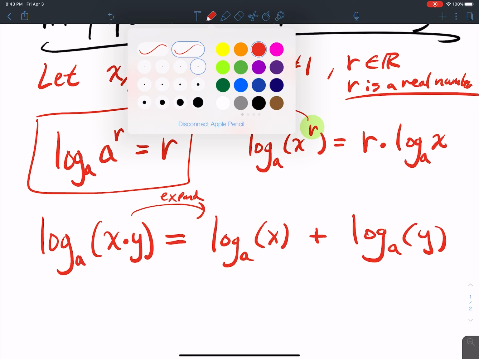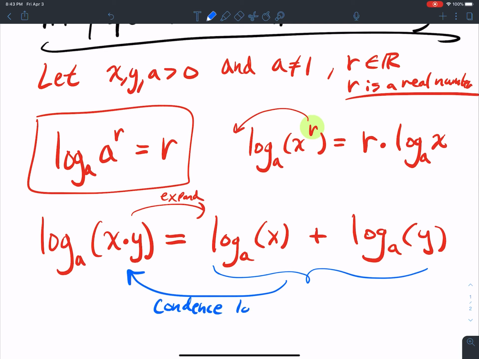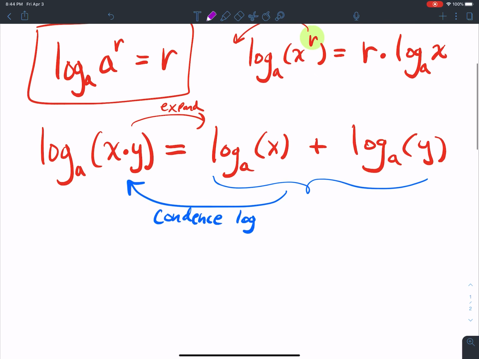Now, you might be asked to take this sum and condense the log into one argument. So depending on what they're asking, if they want you to expand, go from multiplication to adding. If they want you to condense, the sum of logs is equal to the log of the product of the arguments.